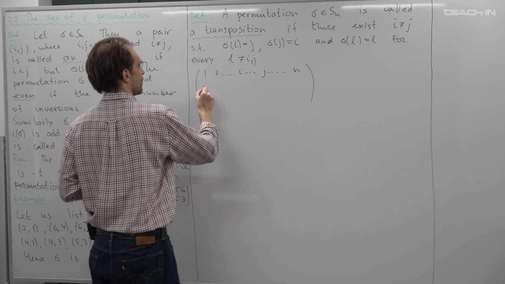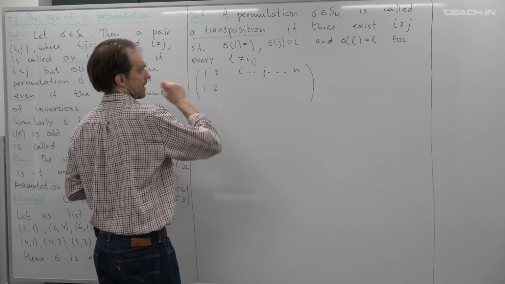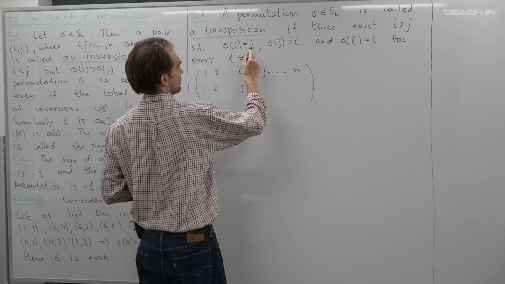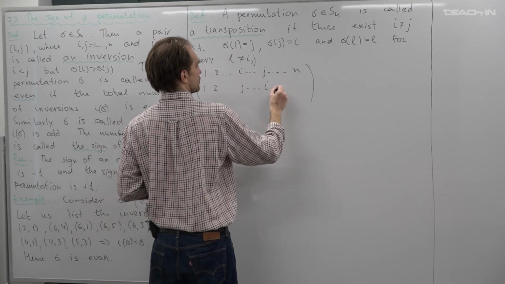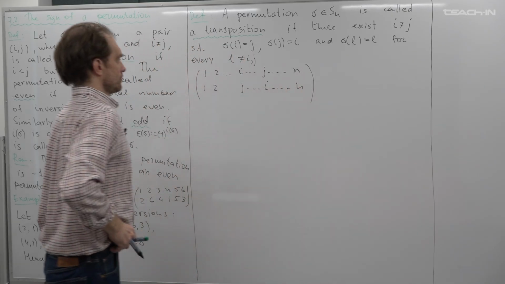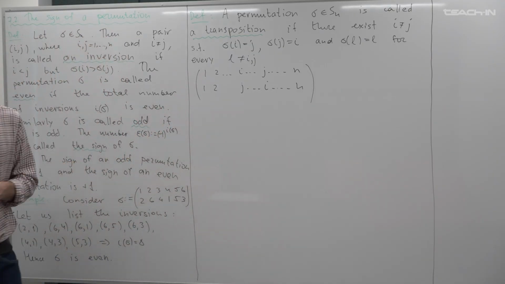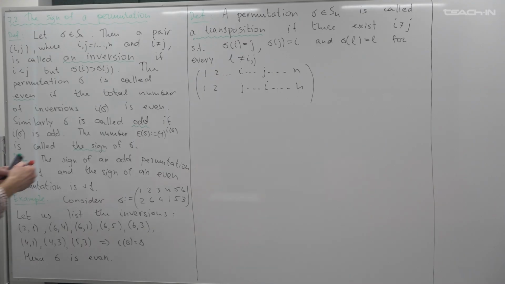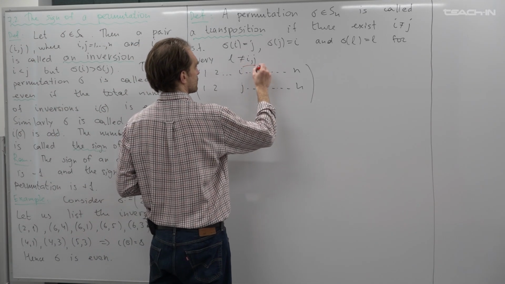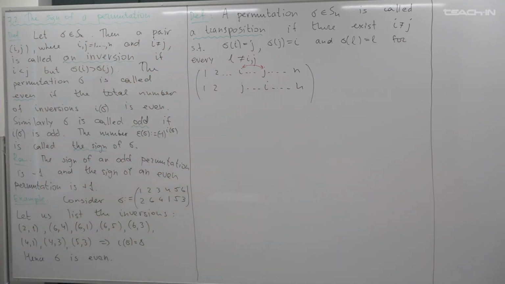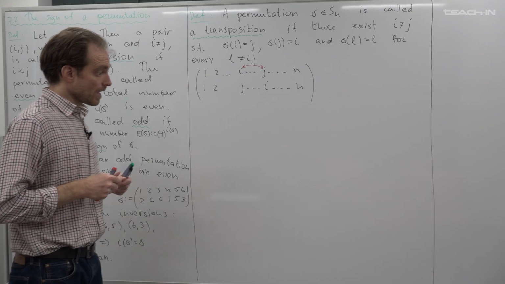All elements different from i and j are fixed, and i is mapped to j and j is mapped to i. So this is how a transposition is organized. In fact, this just means that we swap these two elements, swapping a pair of elements. So such a permutation is called a transposition.